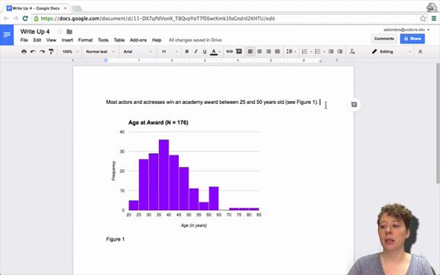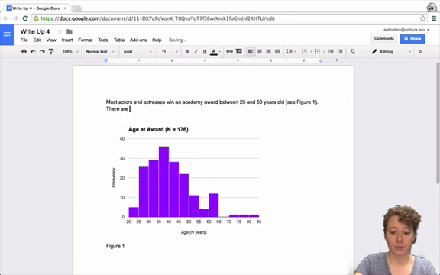I also want to comment on the shape of the distribution. We don't quite have a symmetrical up and down distribution. There are a handful of people over here at the end, so let's comment on that as well. There are only a few people who win, is that above 70? So you can see that right here, 70.